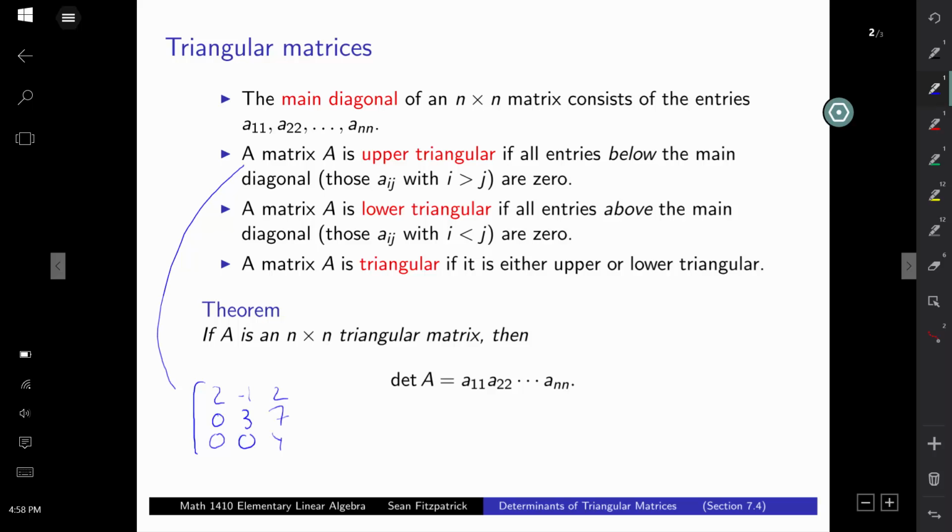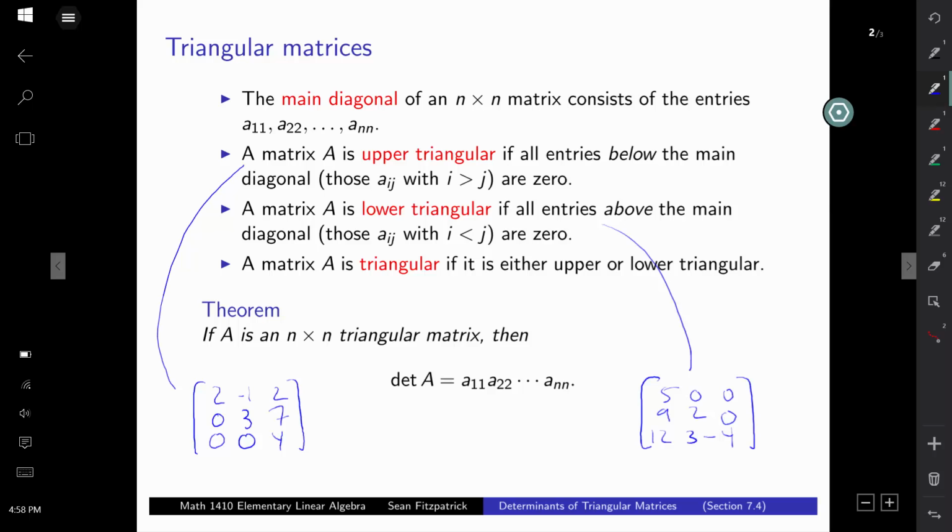So 0 is below the diagonal. That's what an upper triangular matrix looks like. A lower triangular matrix is one where you've got zeros above the diagonal. So you've got 5, 2, minus 4, 9, 12, 3, 0, 0, 0, something like that.